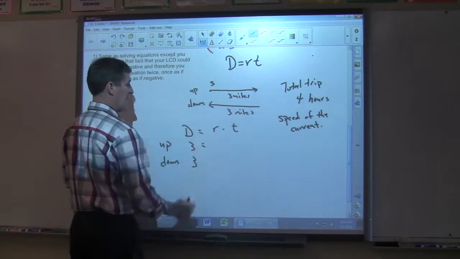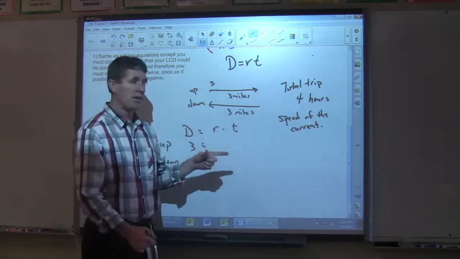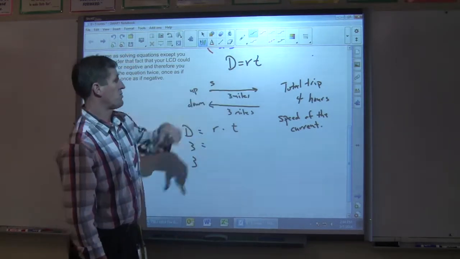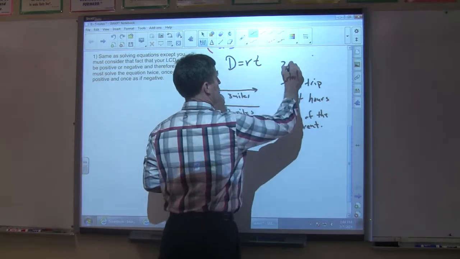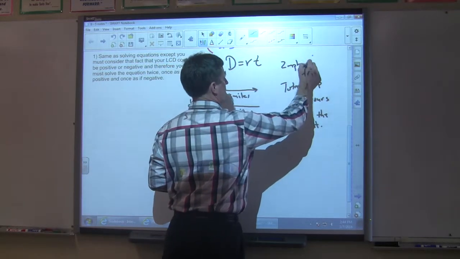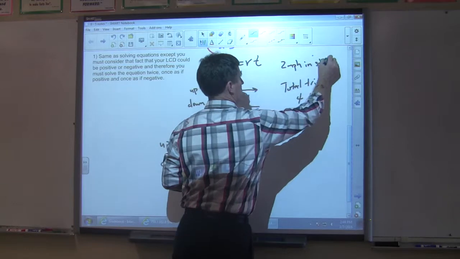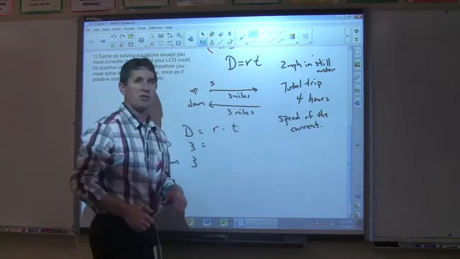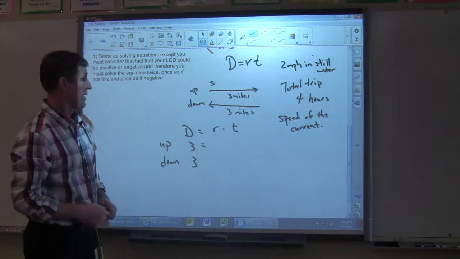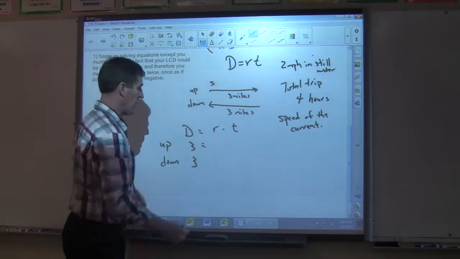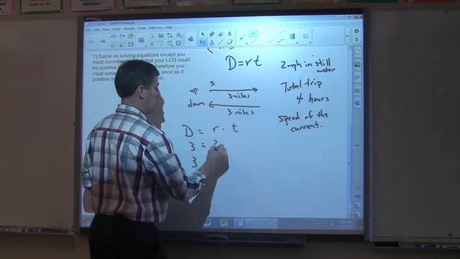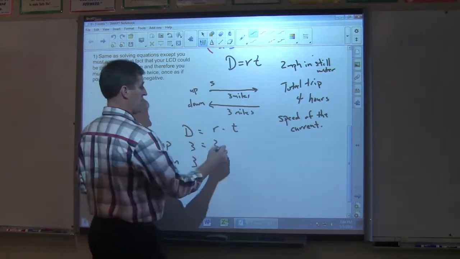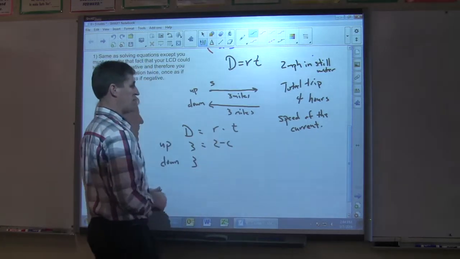And we know the rate. Oh, and we also know in this problem that the person rows at 2 miles per hour in still water. So if they were on a lake, their average speed would be 2 miles per hour. So we know that their rate in still water would be 2, but since they're going upstream, we have to subtract the speed of the current.